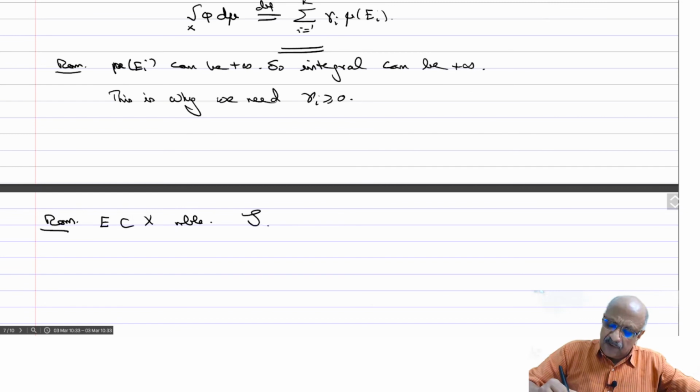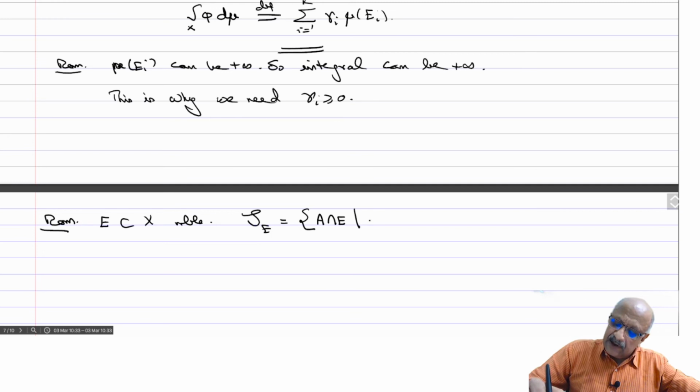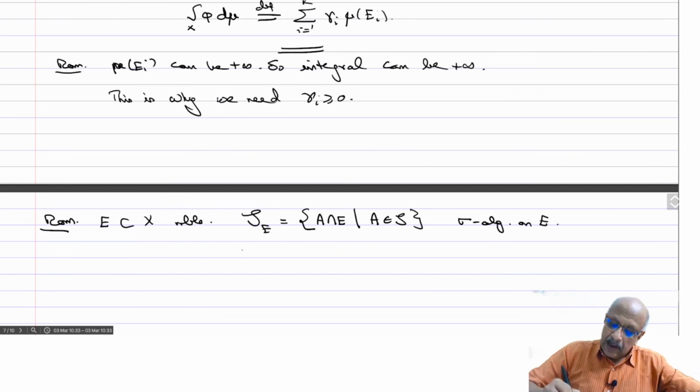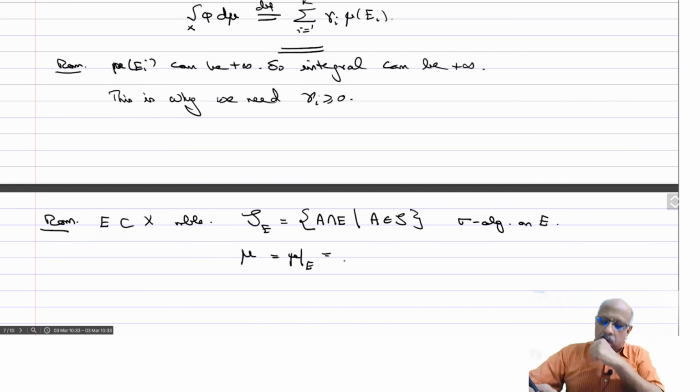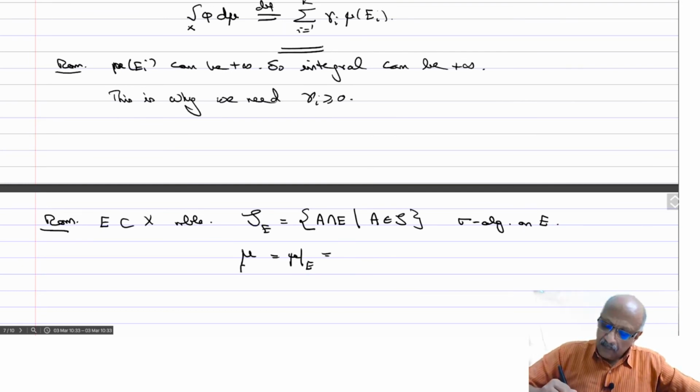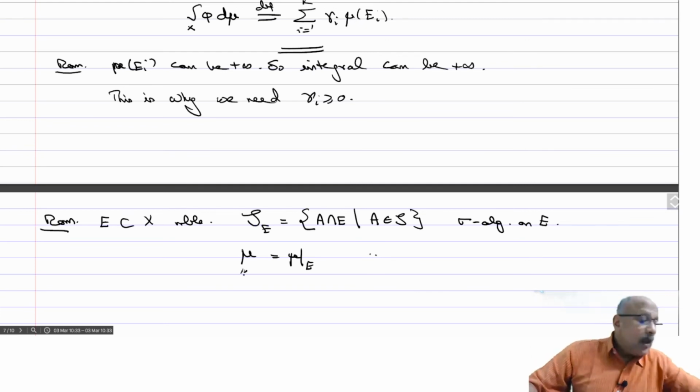You define S_E as the sigma algebra of all sets of the form A intersection E, A belongs to S. So this will give you a sigma algebra on E. And then mu_E is mu restricted to E, which is nothing but the same measure.